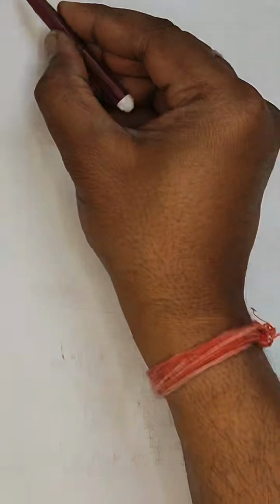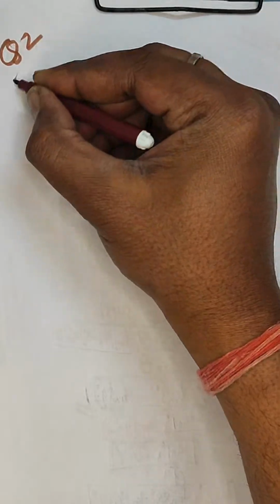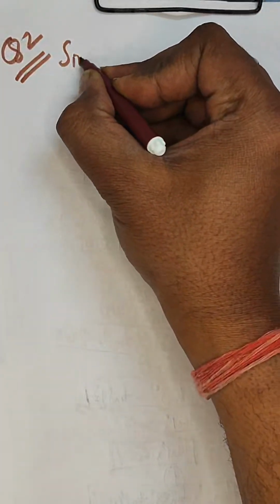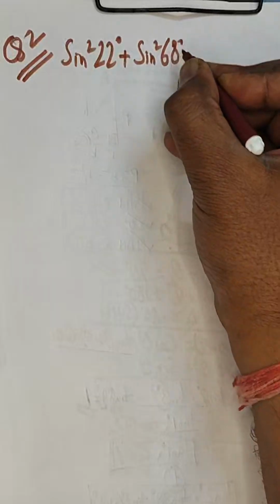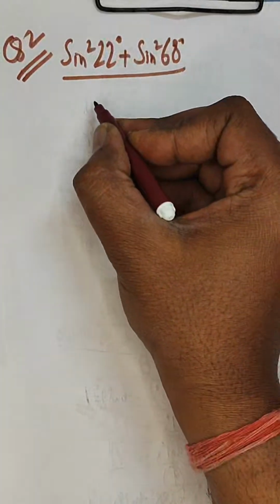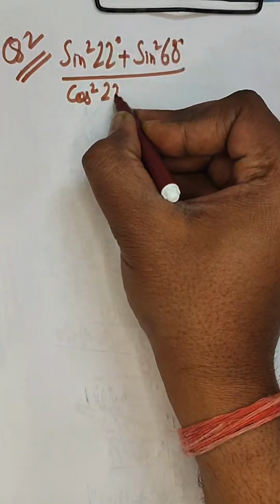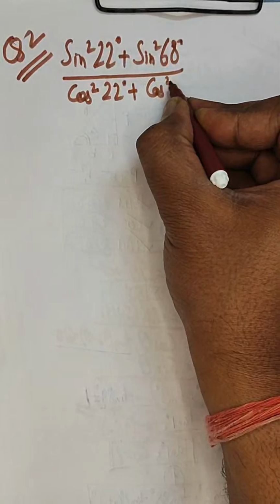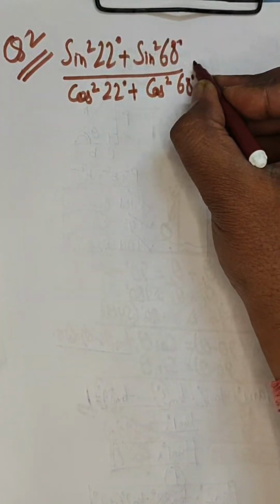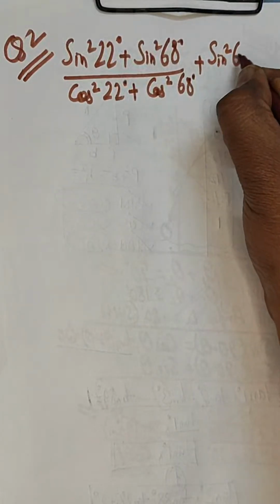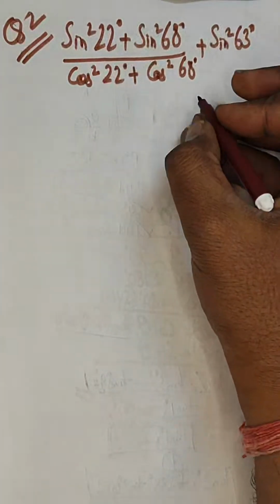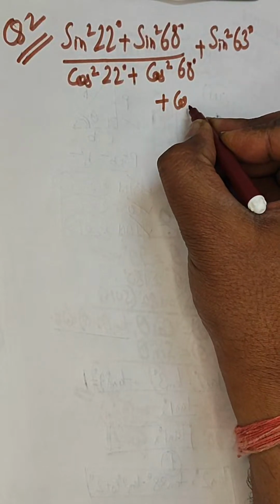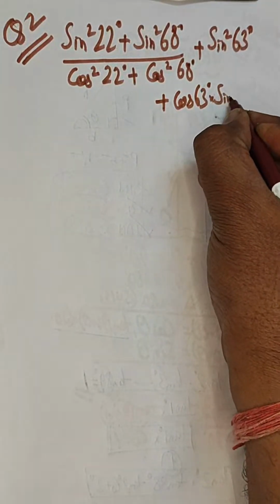The question is: sine square 22 degree plus sine square 68 degree, divided by cos square 22 degree plus cos square 68 degree, plus sine square 63 degree plus cos of 63 degree into sine of 27 degree. You can also put your doubts into the chat session, my dear friends.